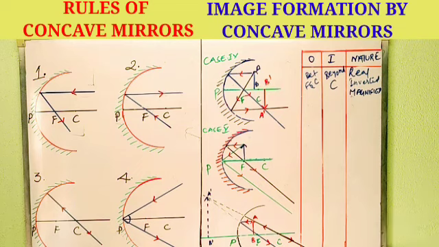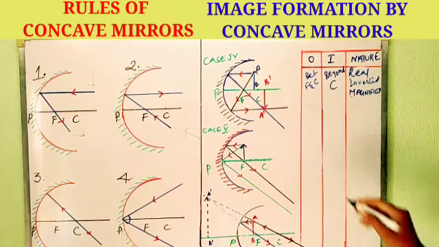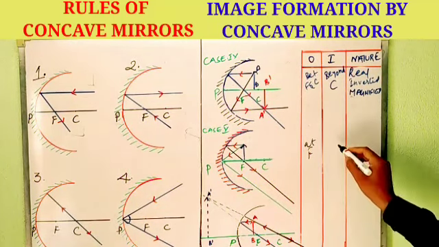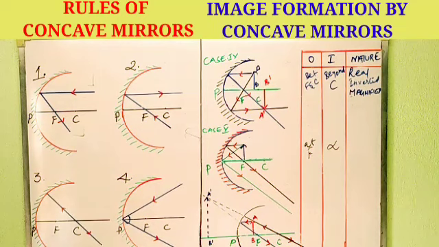That point where they meet is very far from this. So you say that the image is formed at infinity. Now where is the object? The object is at F. And where is the image formed? The image is formed at infinity.